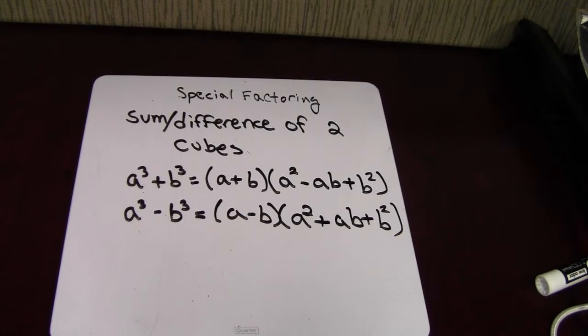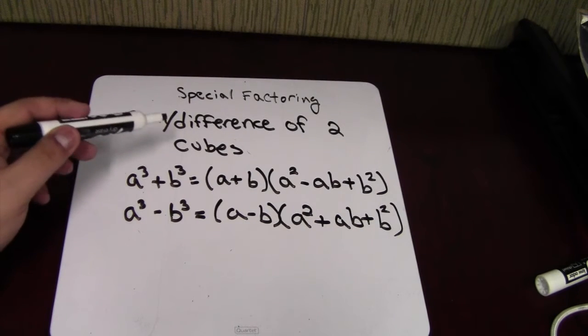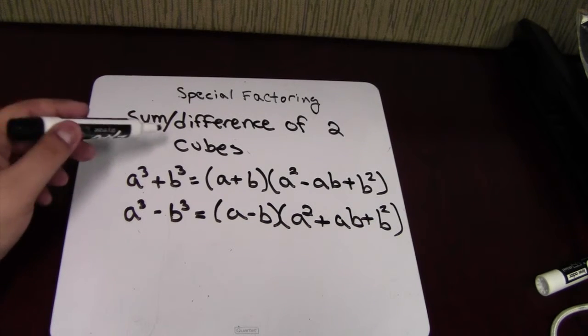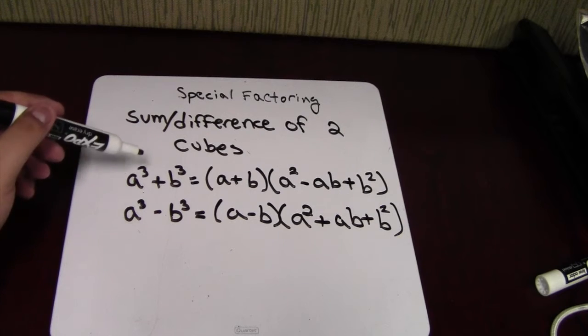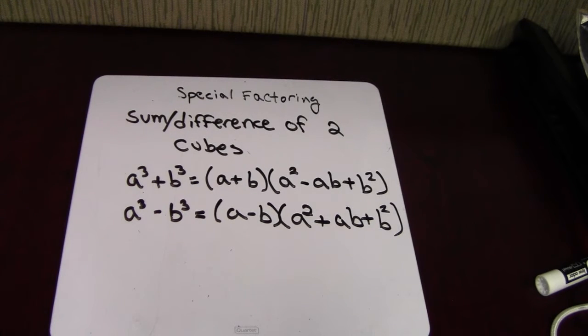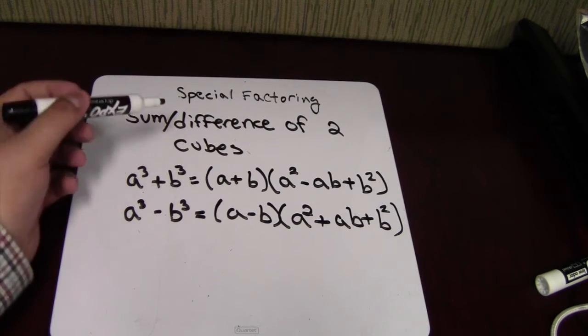Here's another special factoring technique when you're dealing with perfect cubes. We have the sum and differences of two cubes, and there are two formulas that we can use to quickly factor them down. Again, there's a pattern here to recognize.